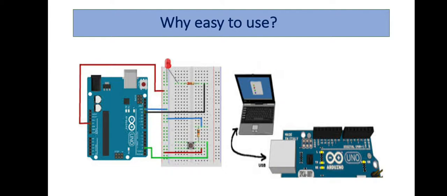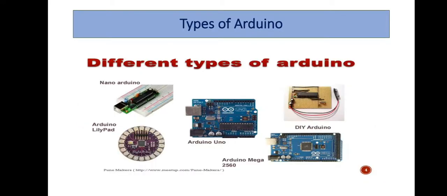And why is it easy to use? Because by typing the code in your Arduino IDE environment, you can upload it to your hardware part using a simple USB cable. With the help of the USB cable, you can upload the code to the Arduino hardware and it will start working. That's why it is easy to use.